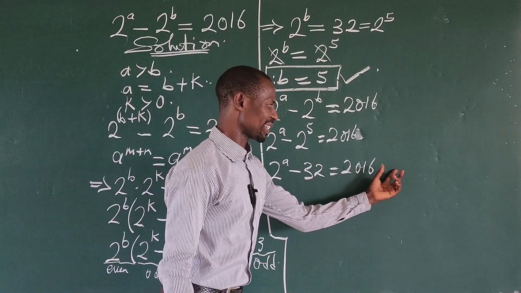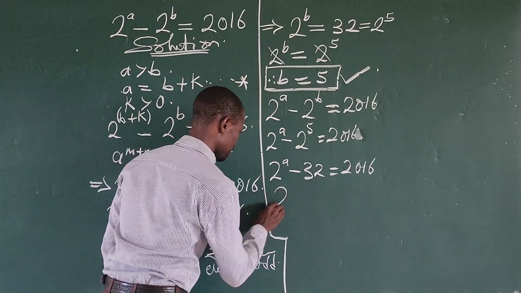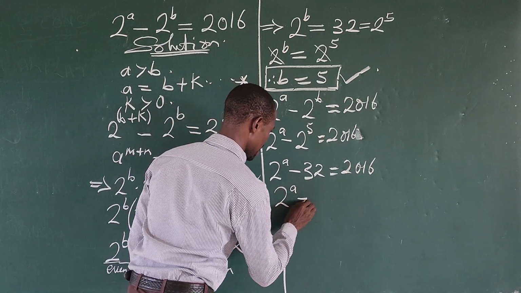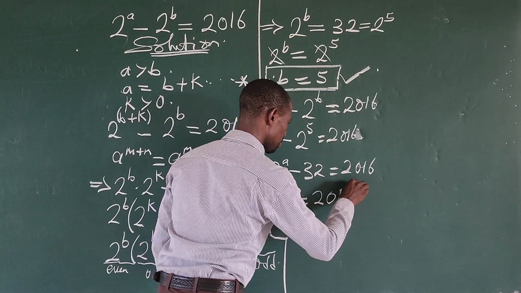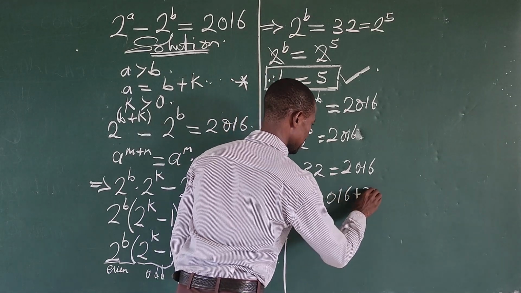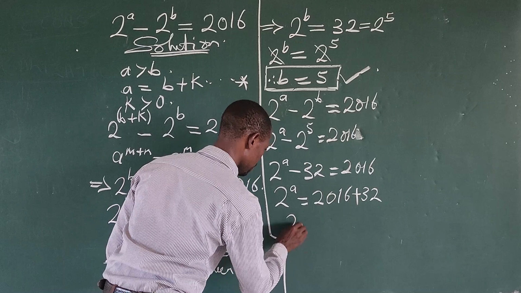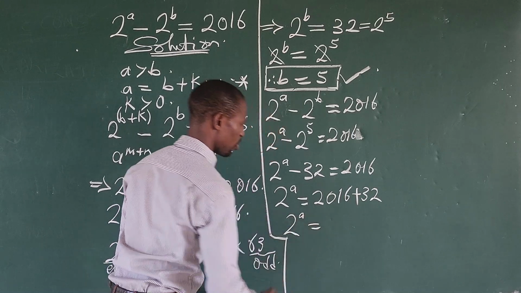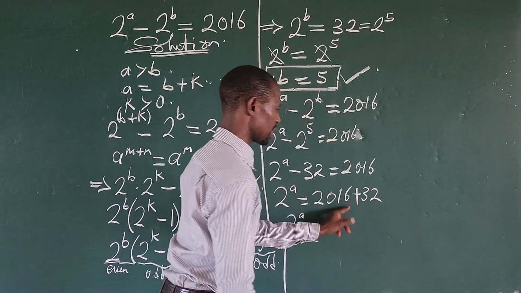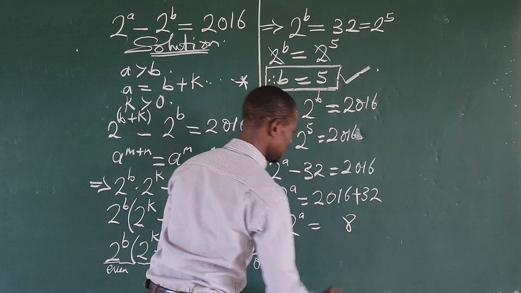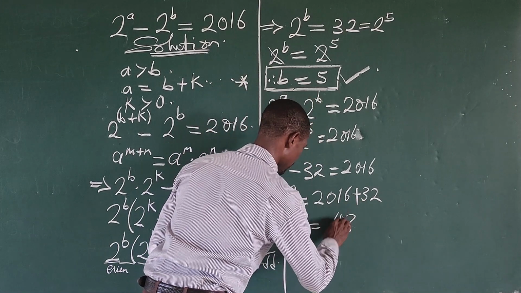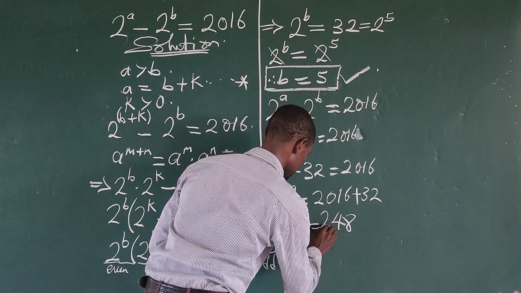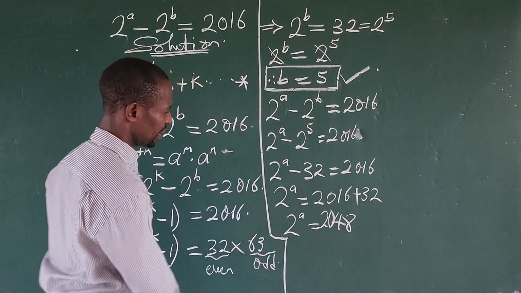We can move this to the other side of the equation to give us 2 to the power of a equals 2016 plus 32. So 2 to the power of a is equal to 2048.